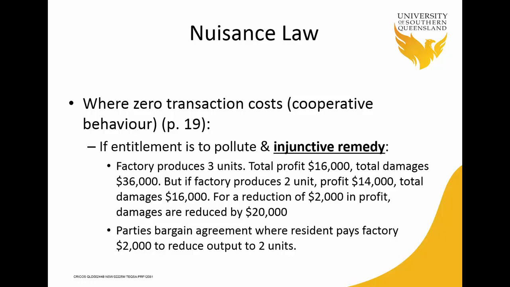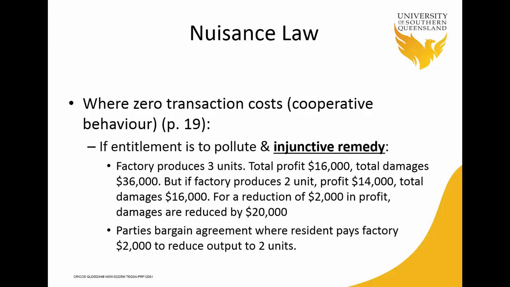But what they see there is that if they drop down by 1 unit, they are going to reduce their profits only by 2,000, but they can reduce the damages by 20,000. So the victim, instead of trying to stop the factory from producing at any level and then having the factory going to court and getting an injunction against the resident or the victim to stop them from producing at any certain level, the victim instead would go to the factory and bargain with them, because they can pay them.